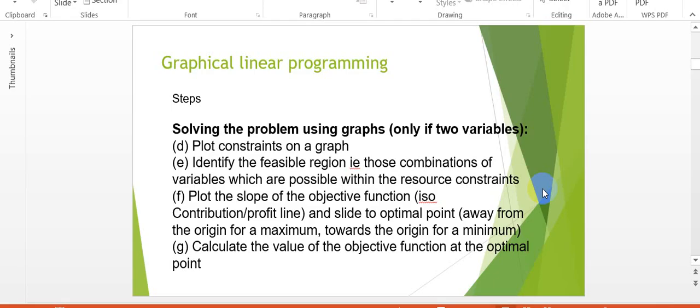Once we have plotted the feasible region, then we plot the slope of the objective function, which is also called the ISO contribution or profit line. We then use this ISO line by sliding it to find the optimal point. So if you are trying to maximize the objective function, you slide the ISO line away from the origin.